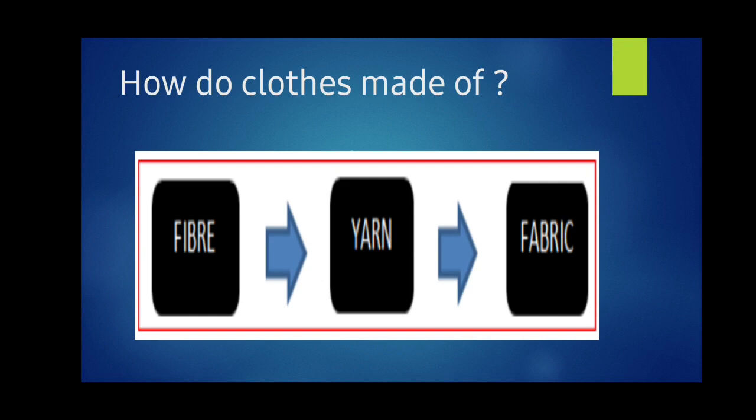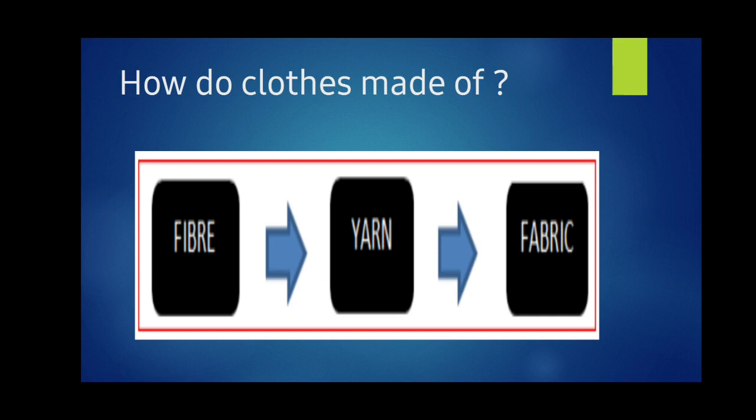The cloth which is used to prepare a dress is known as fabric. This fabric is made up of yarn, and the yarn is made up of fiber. So recall that the dress is a stitched one. The cloth, which means a fabric, is made up of yarn.